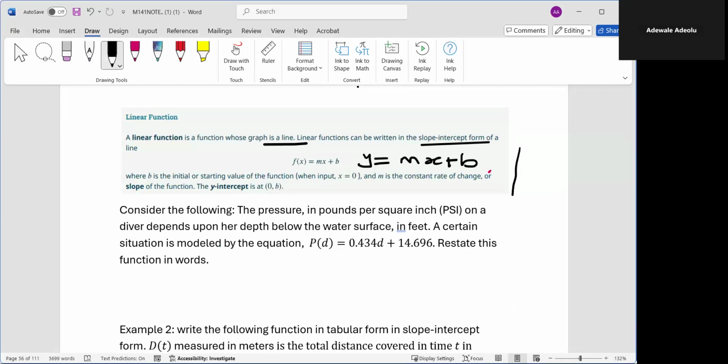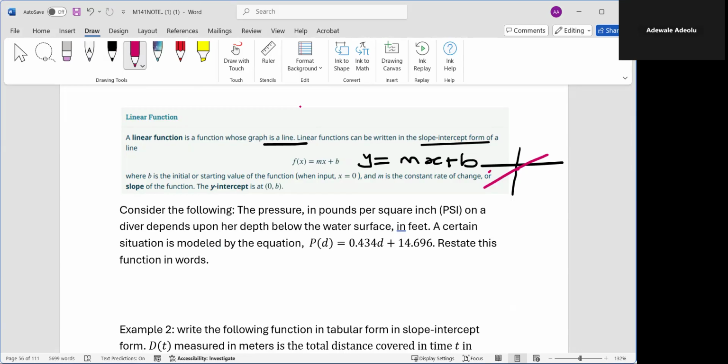For example, if you have a graph like this, and you have the line behaving this way, the point through which the line passes through the y-axis is called the intercept. That is the y-intercept.